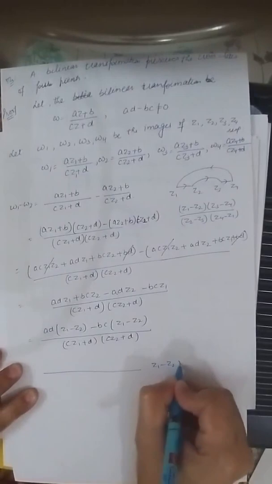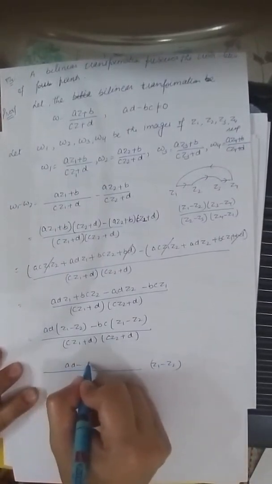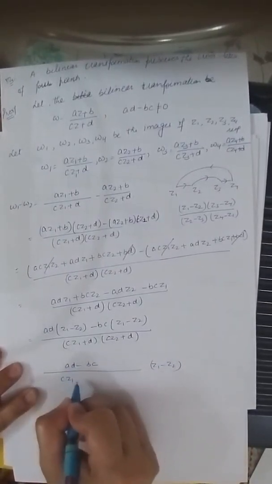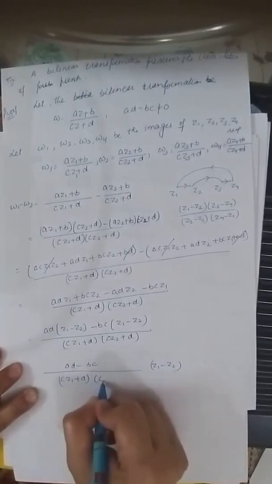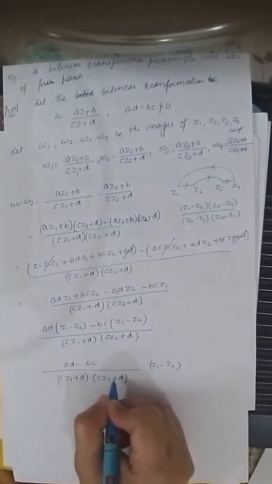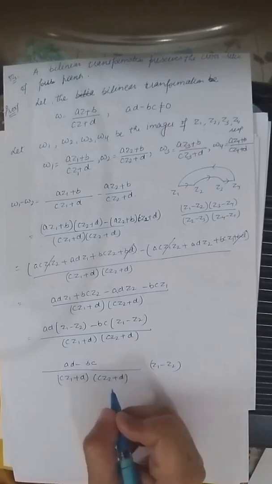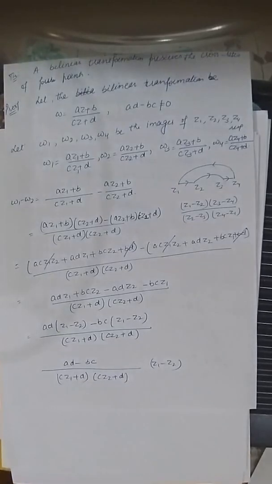Z1 minus Z2 common, inside I get AD minus BC over CZ1 plus D into CZ2 plus D. This is the value of W1 minus W2.